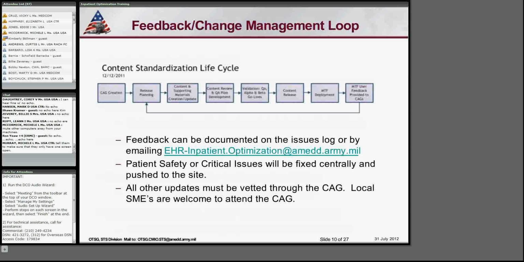Fixes will be done centrally and pushed to sites. We are learning this as we go, and sometimes we can't always do it that way, or during testing we may actually make local updates as we're making central updates to push to the site. But what's important to know is that if there are any local updates made to the note, every time we push a central update, those local updates will be overwritten.